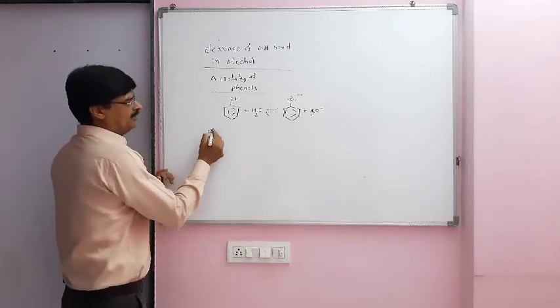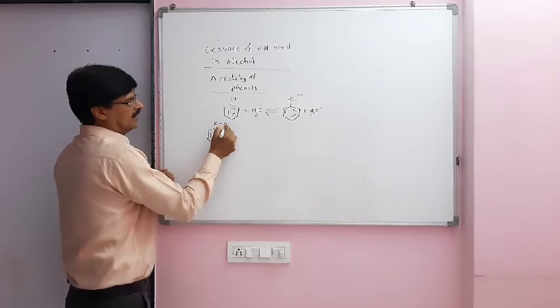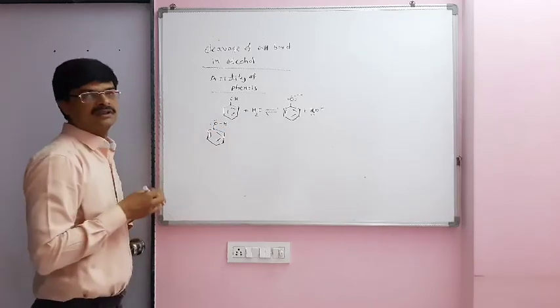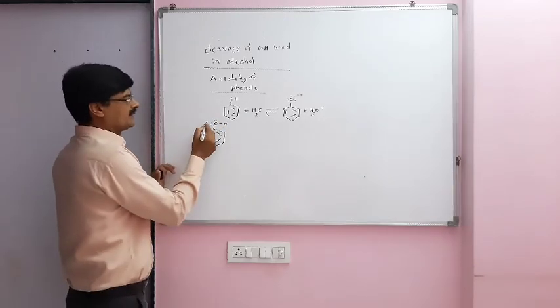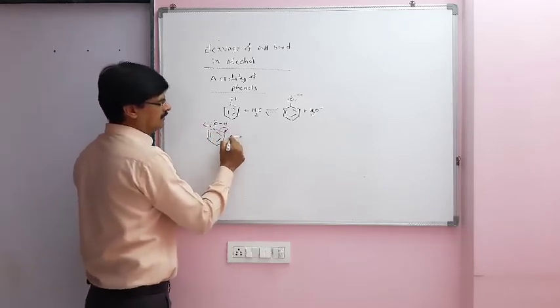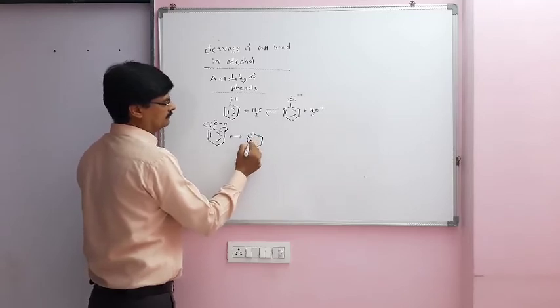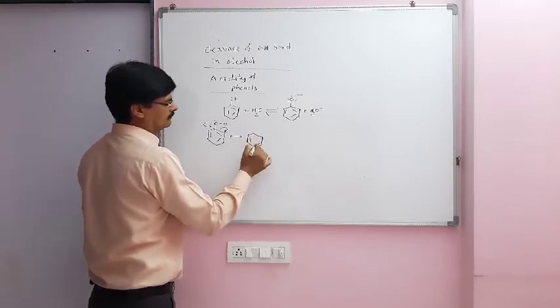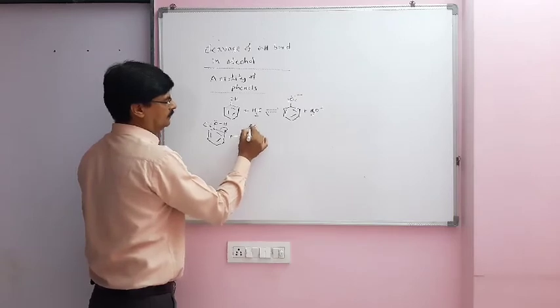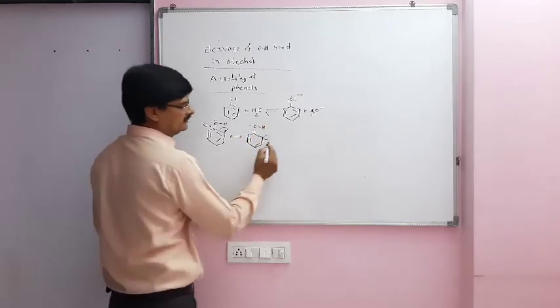So, first of all, we will draw the resonating structures in phenol. It will give another structure, OH, and here negative charge.